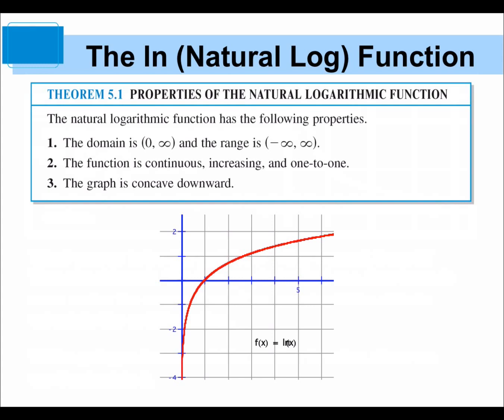Its range is negative infinity to infinity. It's continuous. It's 1 to 1. It's concave down. It's always increasing. It's a fun little function. And notice there's no value to the left of the y-axis, which explains why you can't take the natural log of a negative number, because there's nothing there.